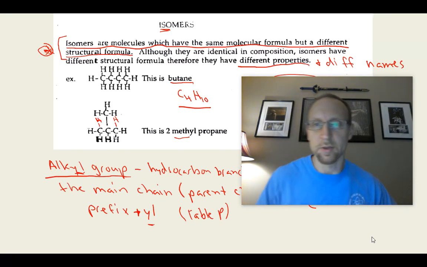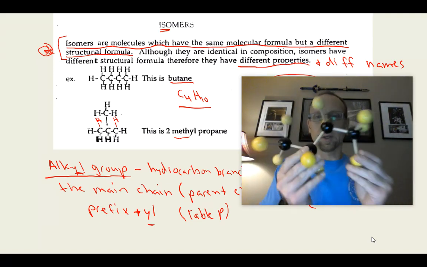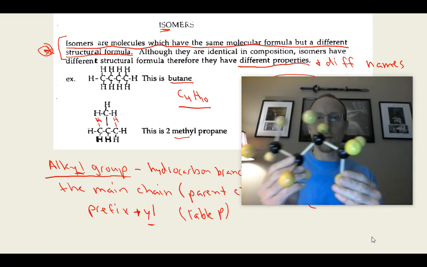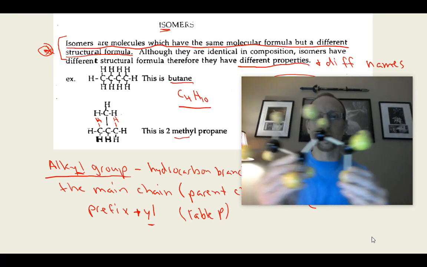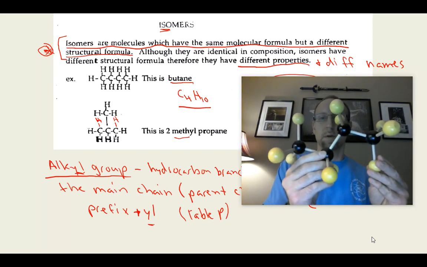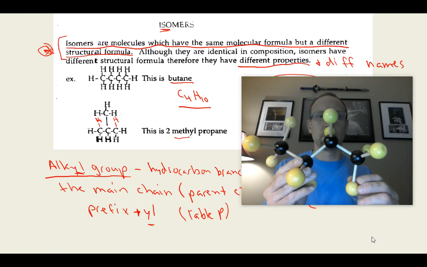So let me show you what I mean by this. And I'm just trying to understand what these isomers are. The same molecular formula, different structural formula. So here's these ball and stick models that we would use in class if we were back in school. So this, right, this is a model of butane right here, right?